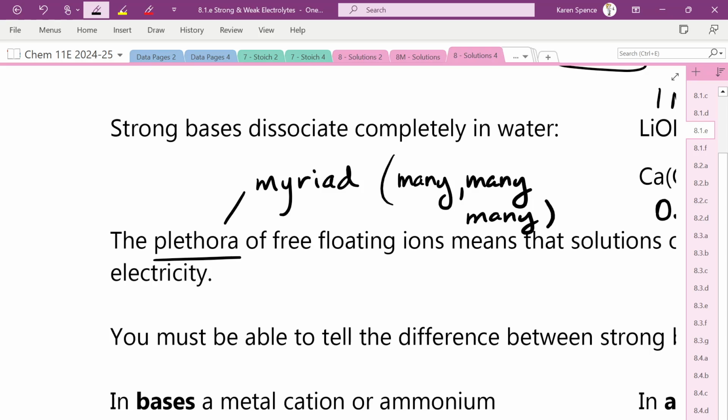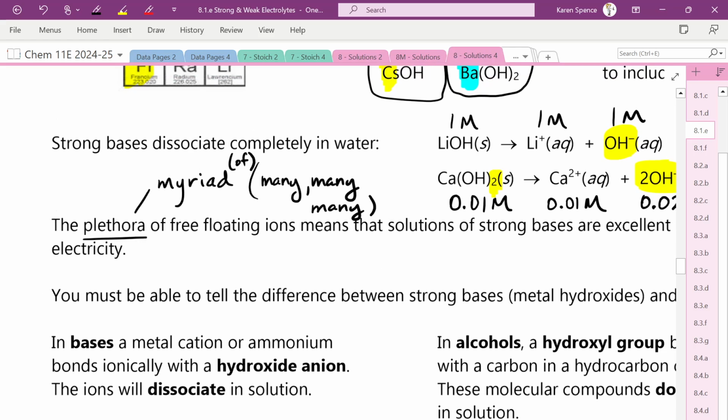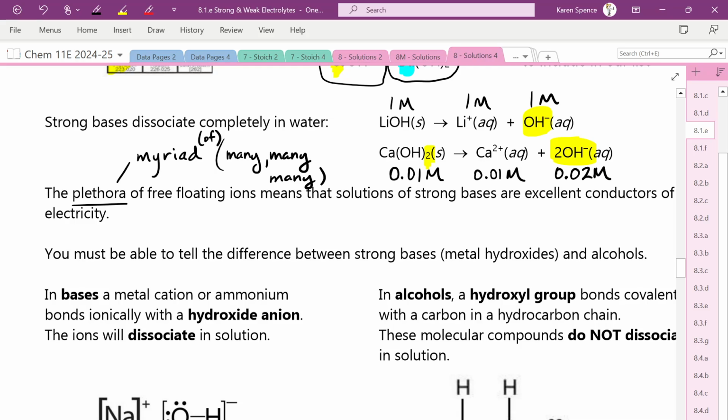But you can also use myriad as an adjective without the of. You can just say, I have myriad free-floating ions, which sounds kind of cool, I think. You're allowed to do it either way, with the of or without the of. So the of is optional. Anyway, you probably didn't want to know that. You're like, I'm taking chemistry, not English, but I like that word, so you're going to learn it today anyway.